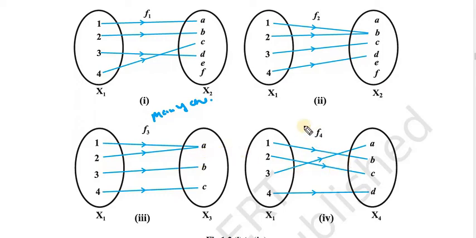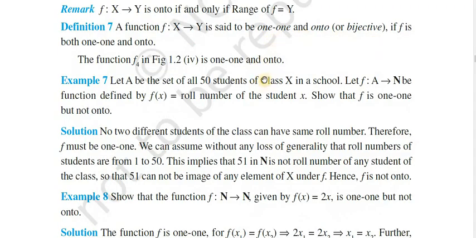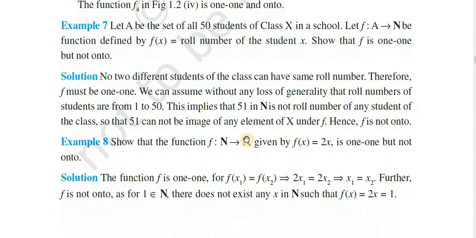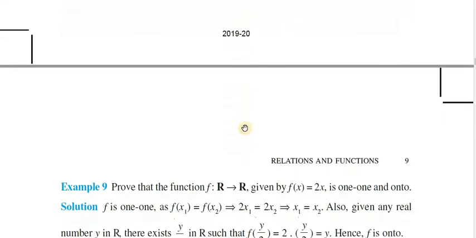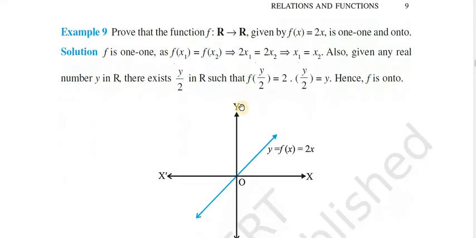Okay, a function is said to be bijective if it is both 1-1 and onto. Okay, so here are a few examples which I would like you to go through yourself and see what we can do.